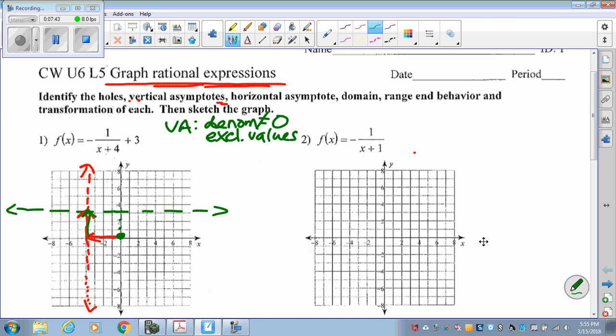The horizontal asymptote is what is happening as x goes to positive infinity, and as x goes to negative infinity. That's the horizontal asymptote, as x gets really big or really small. Horizontal asymptote has to do with end behavior.